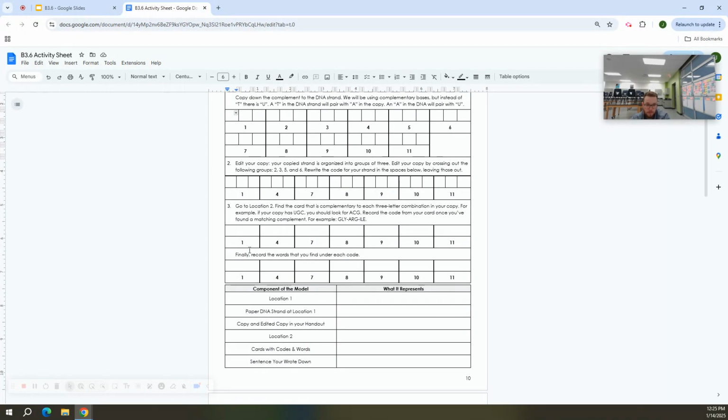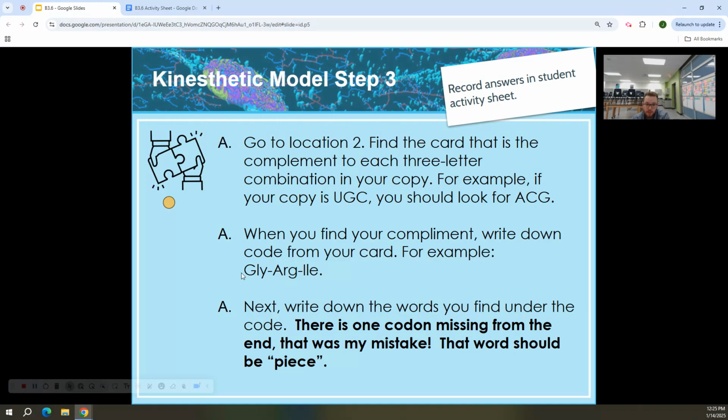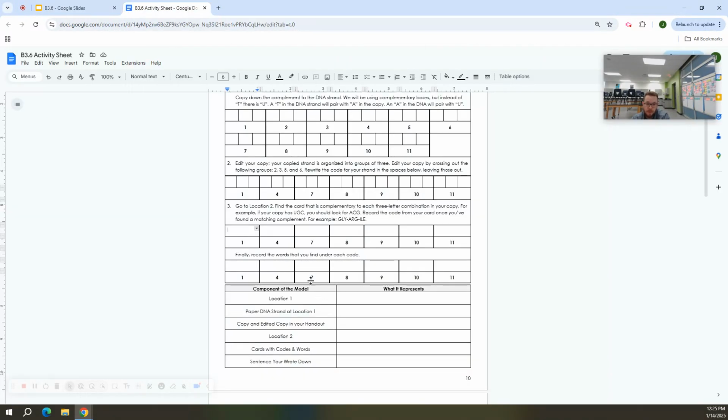Okay, so that will go here. So you're writing down the sequence of the 3-letter code that you had. So if this was GLYARGILE, that is what I would write in this space. Okay, and then do the same for 4, 7, 8, 9, 10, and 11.